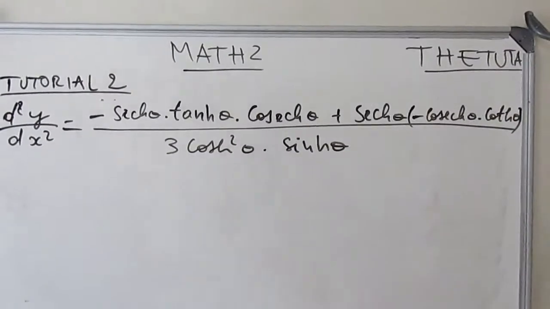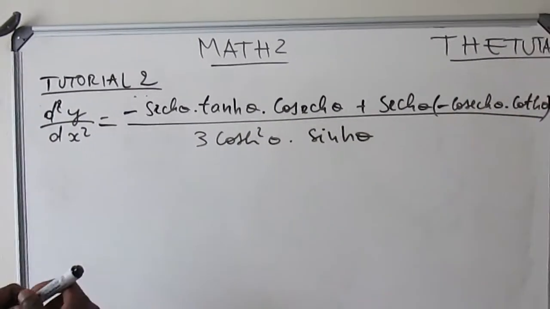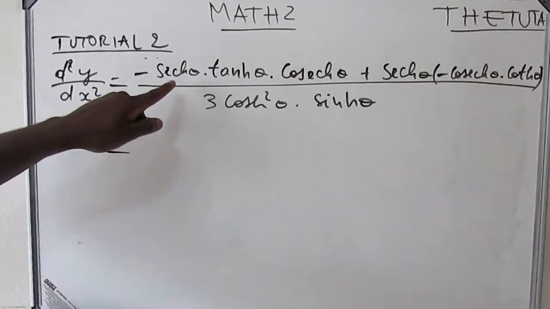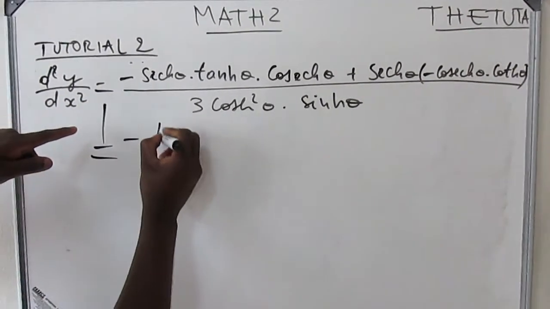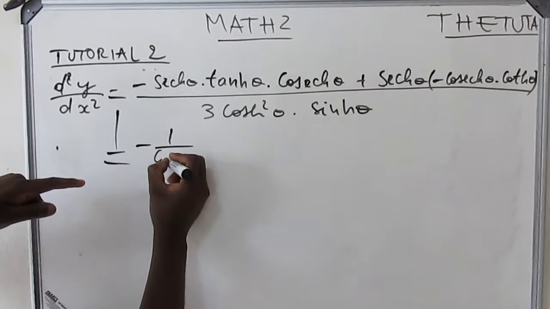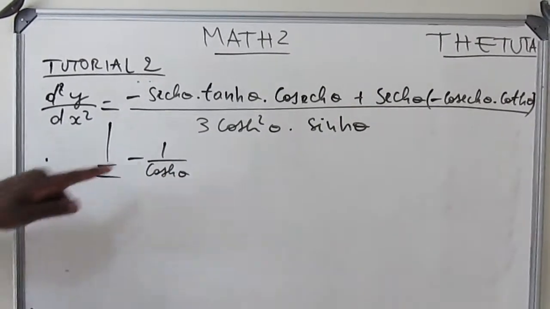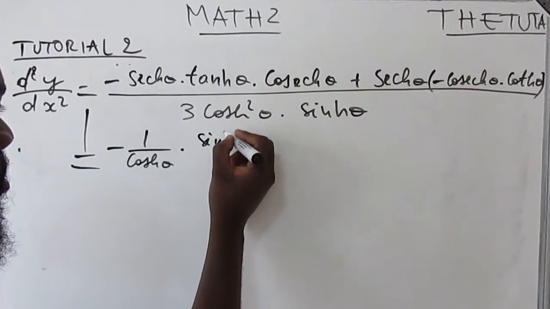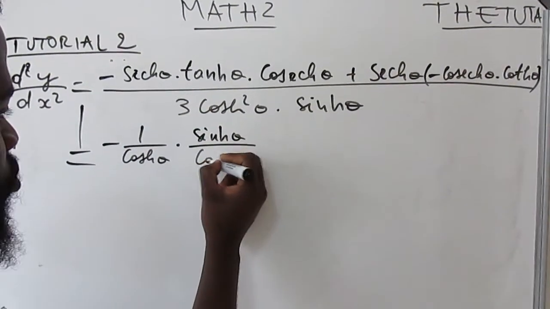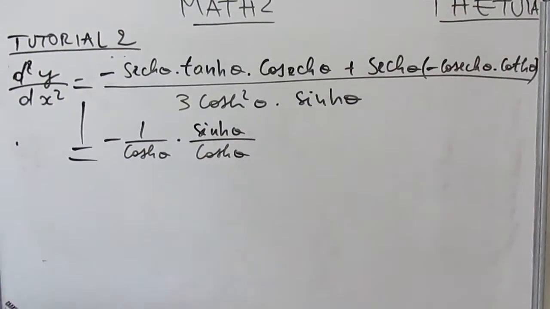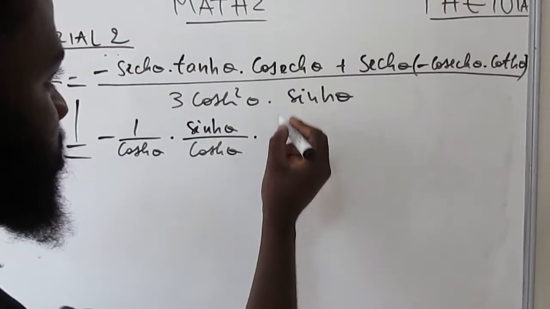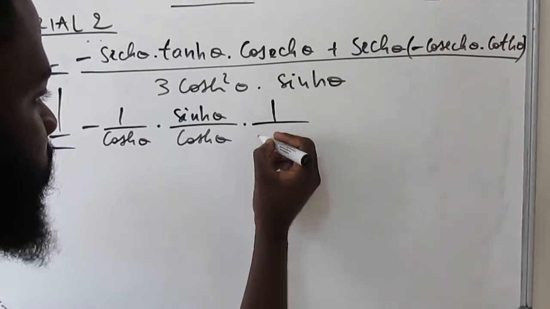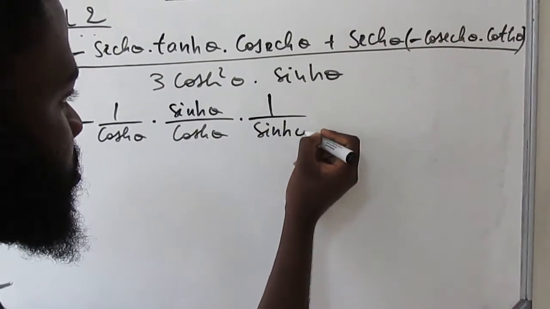After that, as you can see here, sec of theta is 1 over cosh of theta. Tan of theta is sinh of theta over cosh of theta, multiplied by cosec of theta, which is 1 over sinh of theta.